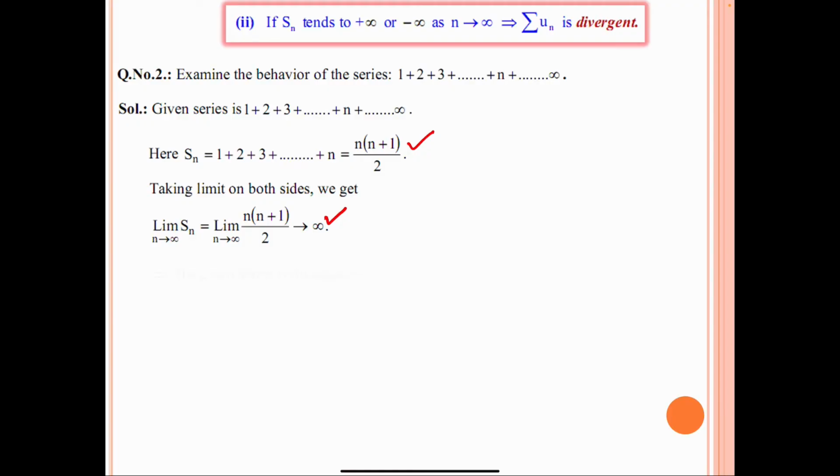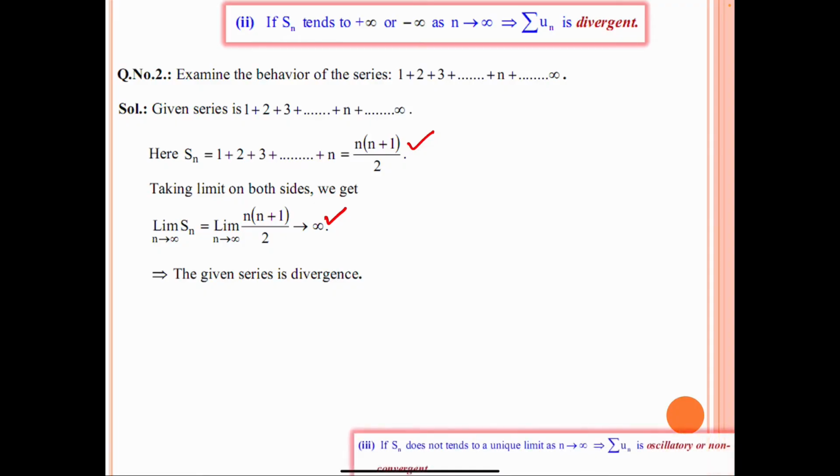Hence, the given series is divergent in this case. Clear? So this one is the example of the second case. This one is the example which diverges. Diverge means tends to infinity. That infinite sum is an infinite value, and if the sum is a finite value, this means the series is convergent.